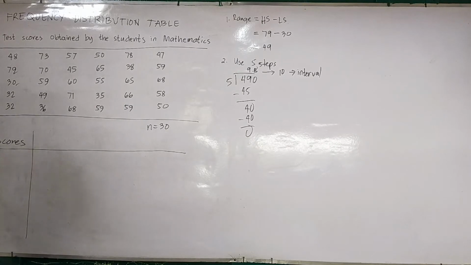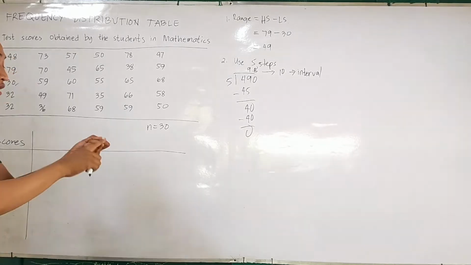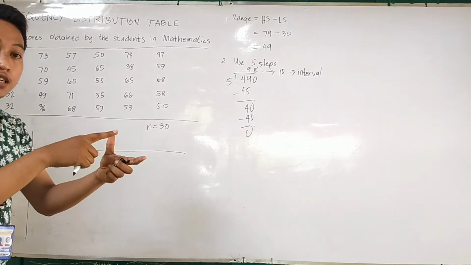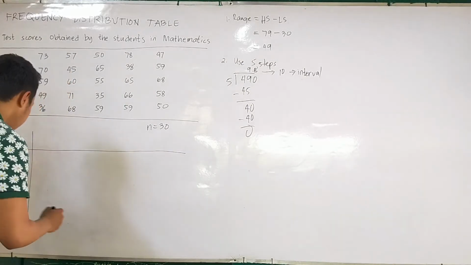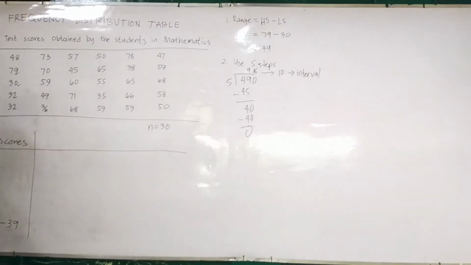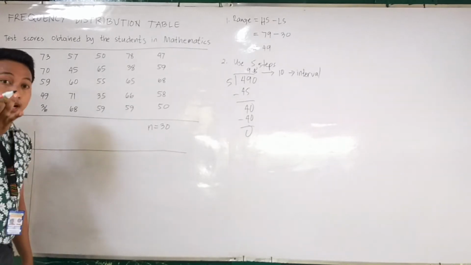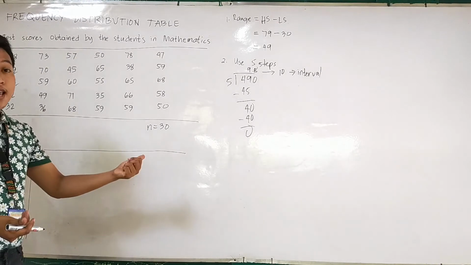And then we are going to count from 30 with an interval of 10: 30, 31, 32, 33, 34, 35, 36, 37, 38, to 39. So 30 to 39. And then continuously, the next after 39 will be 40. 40 to 49, counting 10 from 40: 41, 42, 43, 44, 45, 46, 47, 48, and 49.